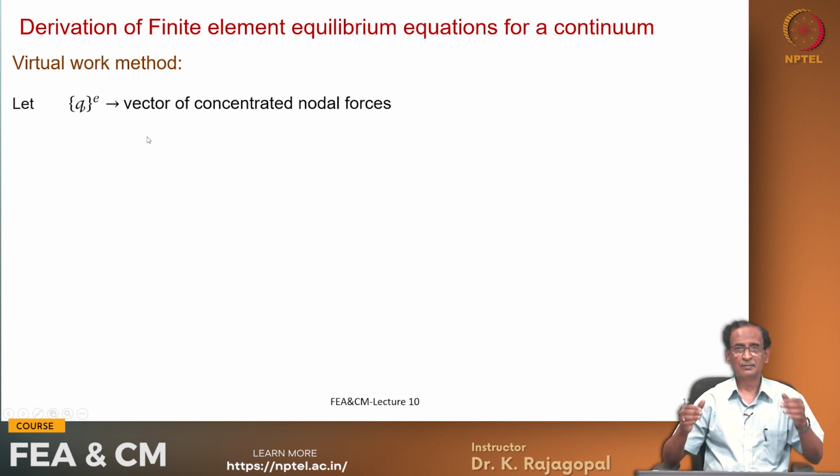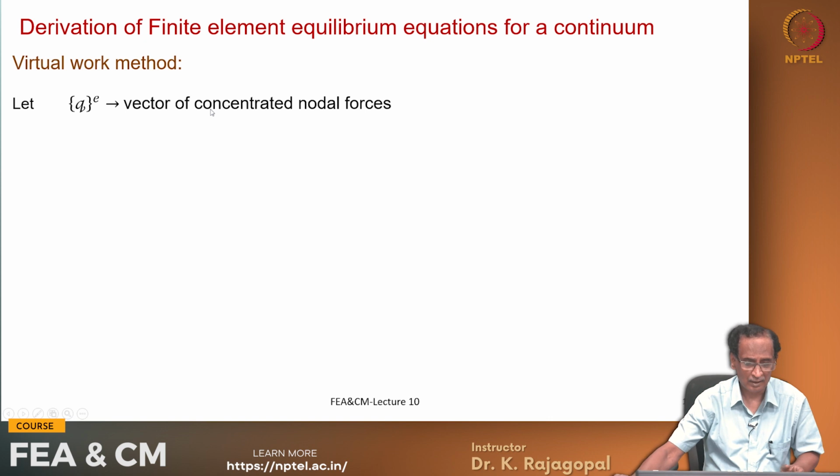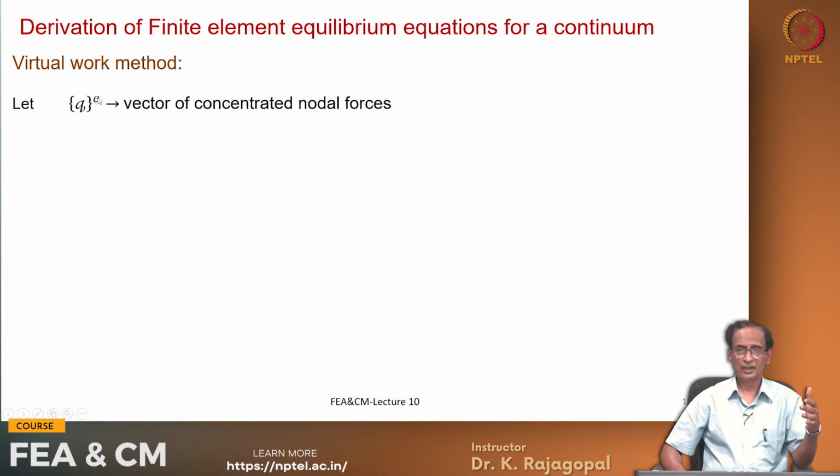When we have a continuum, we can have different types of loads. One is the concentrated nodal loads. Let us say that is given by vector q with a superscript e that refers to the element, because we are going to derive all these at element level, and then assemble them into some global matrix corresponding to the entire structure.